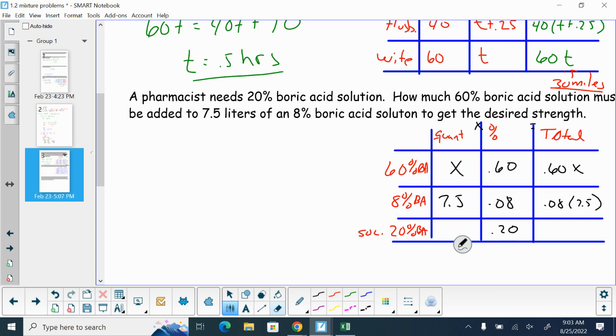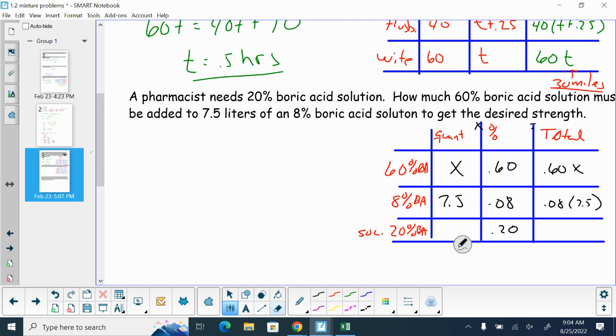The only thing we have access to is 60% here and 8% here, and we want to make a 20% solution, which is not going to be too strong or too weak. So if I'm adding x liters of 60% and 7.5 liters of 8%, what would be our total quantity for the 20% down here?